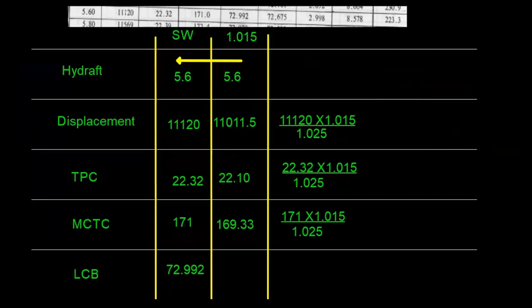So now coming back to this, TPC is water plane area into relative density divided by 100. And just now we studied that the water plane area is constant. So TPC is also going to vary directly in proportion to relative density. Here displacement is relative density.